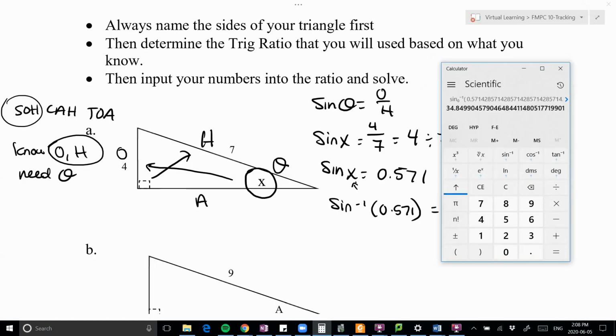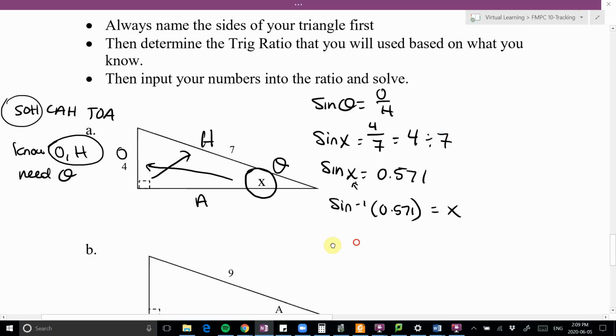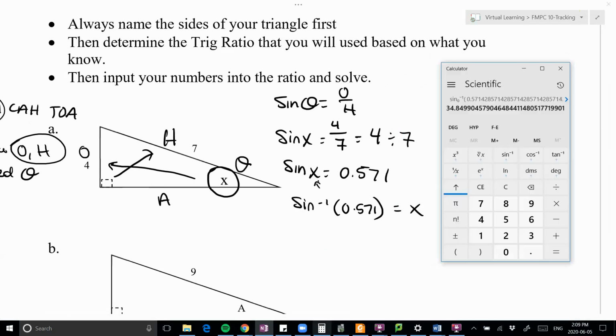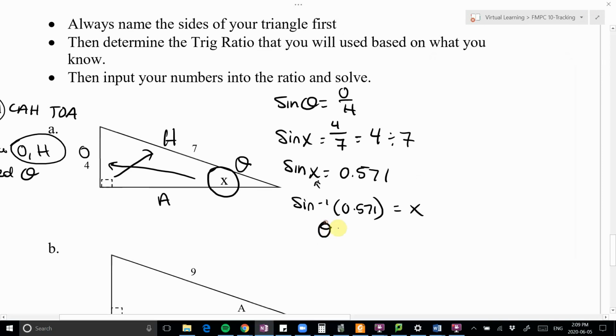So once again, a more accurate answer. Realistically, we're not going to need that many decimals anyways, and so the degree of 35 is what we would get from the abbreviated answer anyways, but it's nice to carry that number through just to get the most accurate. So what that means here is theta is 35 degrees.